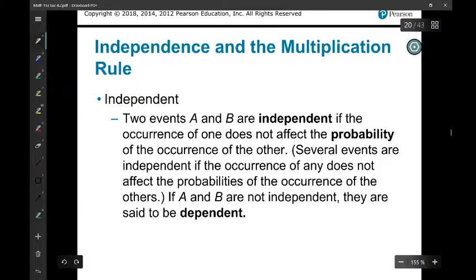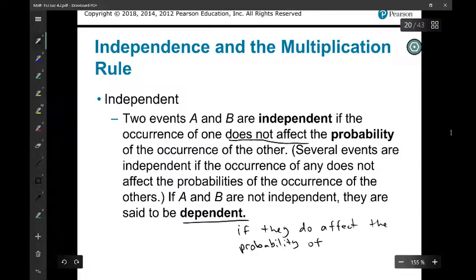So events are independent if they do not affect the probability of one another, and they are dependent if they do affect the probability of one on the other. Let's say if they do affect the outcome of one another.